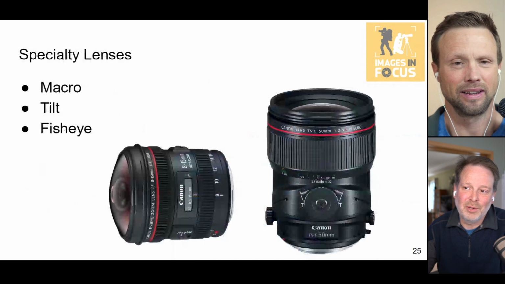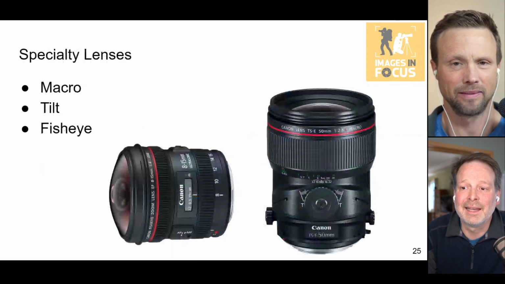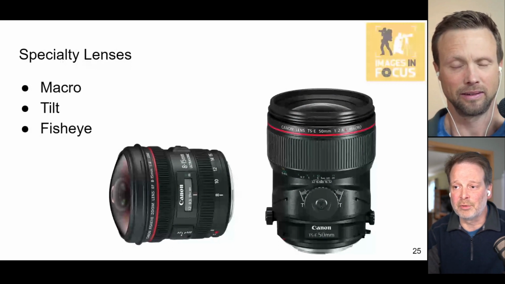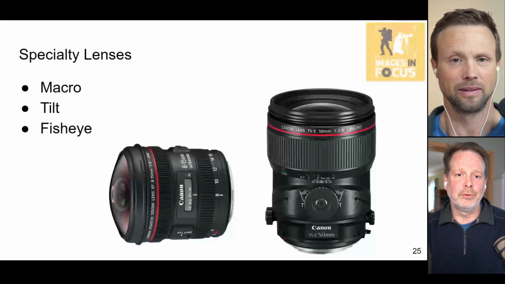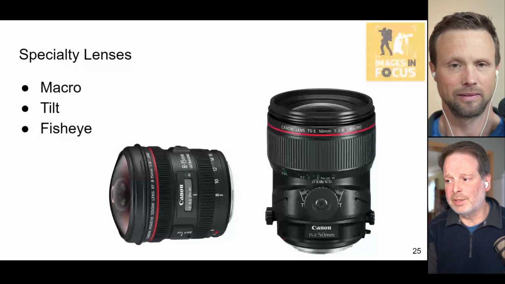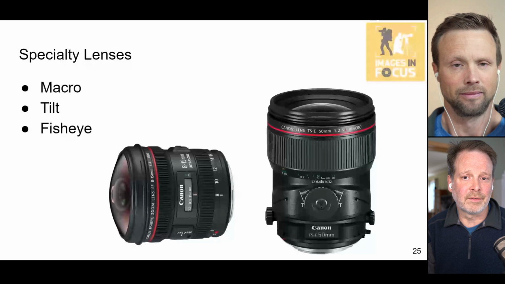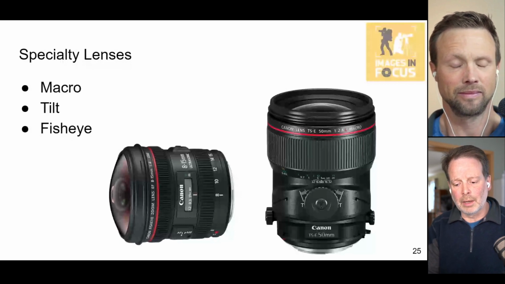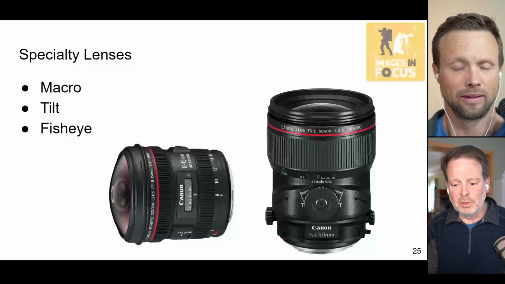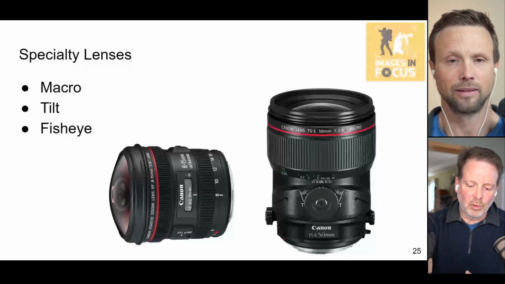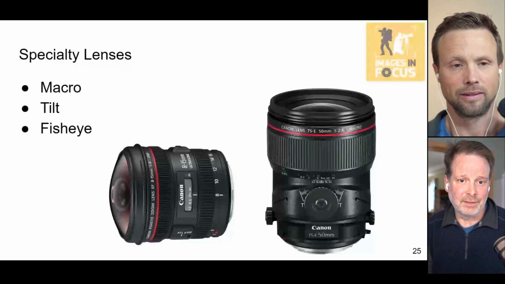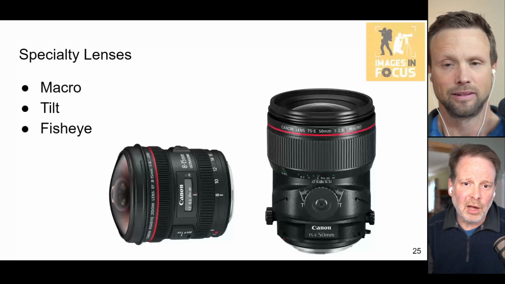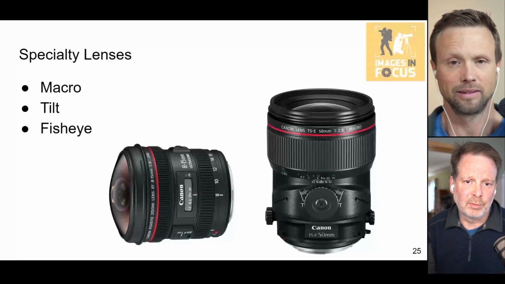And then we have specialty lenses that we're not going to get into because these could take whole episodes unto themselves, whether they're macro lenses, which I love and I use, or tilt-shift lenses that we use for architectural photography, or they can be used in nature photography as well to change your depth of field, as opposed to extending the depth of field out to the horizon, if you will, or fisheye lenses that can be used in very tight quarters, or when you're doing interior photography or VR, virtual reality type work.